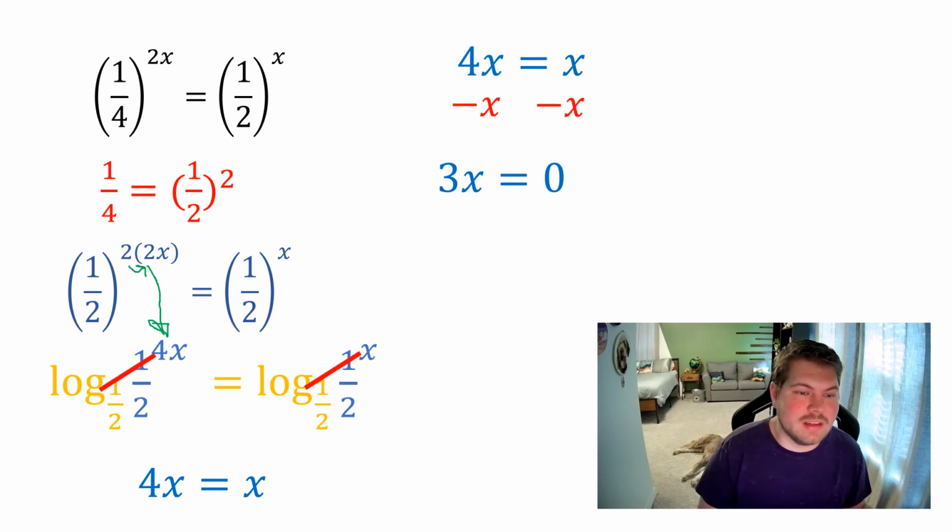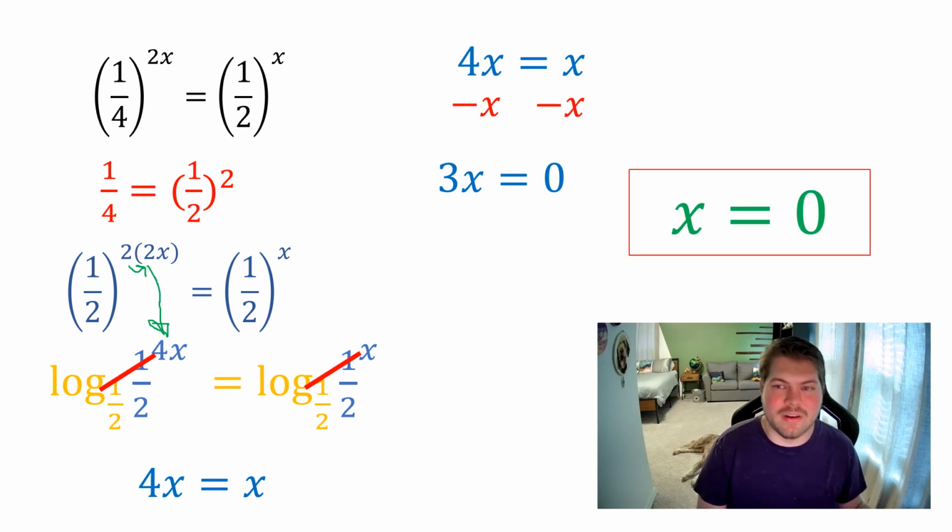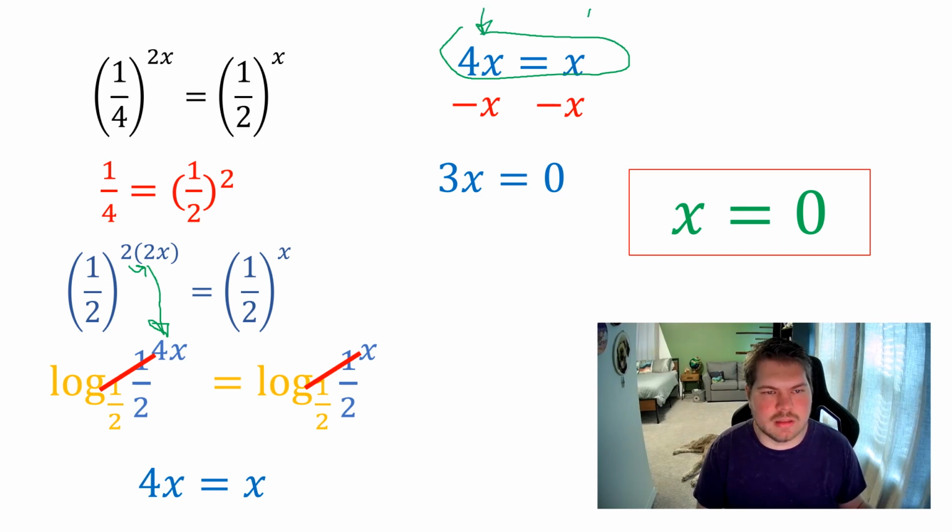The only thing times 3 that could give you 0 is 0. So this answer is nice and simple, and we probably could have even figured it out earlier on. I could see it here because there's no number that could make this true except for 0. Probably even earlier on we could think that it's 1/2 to a higher power than we have over here.